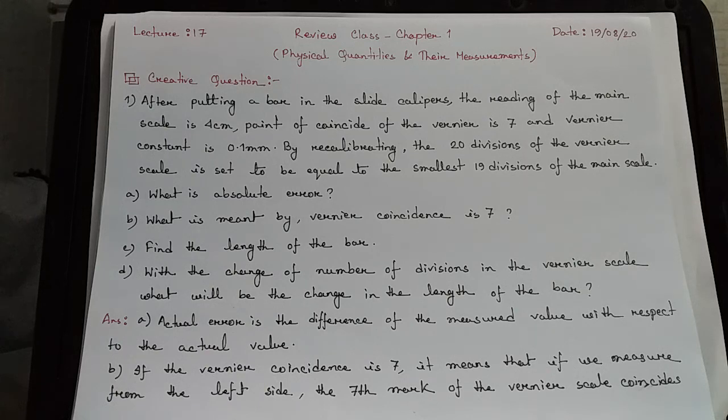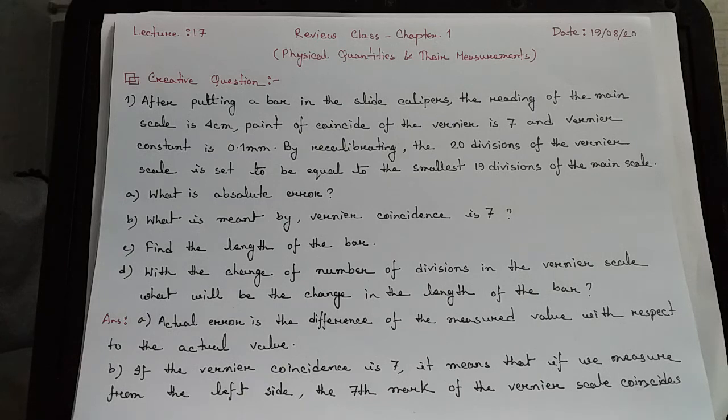For example, if we are trying to measure the gravitational acceleration g, small g, we know its standard value is 9.8 meter per second square, but in a lab, if we get the value 9.7 meter per second square, that means the measured value has changed from its actual value, and that difference is called the absolute error.